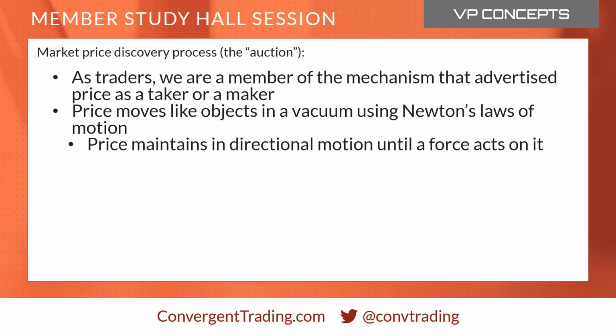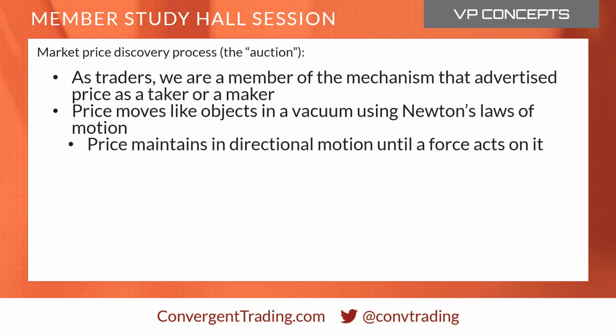So generally, prices will continue in a trend until an opposing force comes in, meaning the opposite side. There are two forces, buying and selling here. Until that force acts on price, and then you get a reversal, or you get a potential balancing behavior for the meantime.